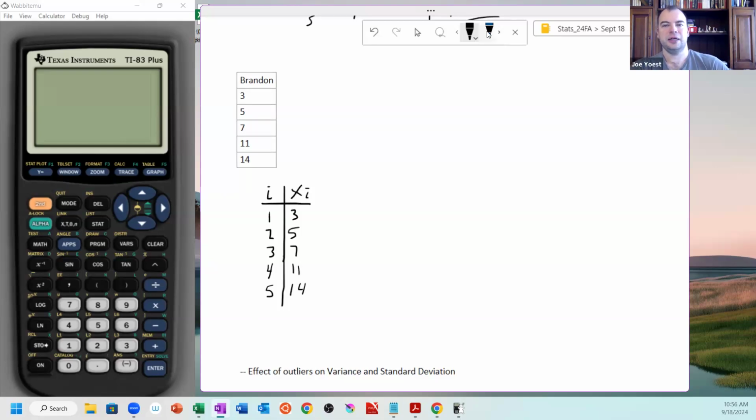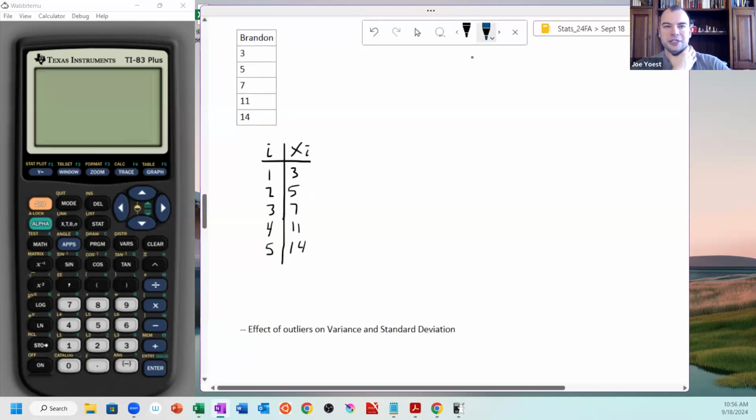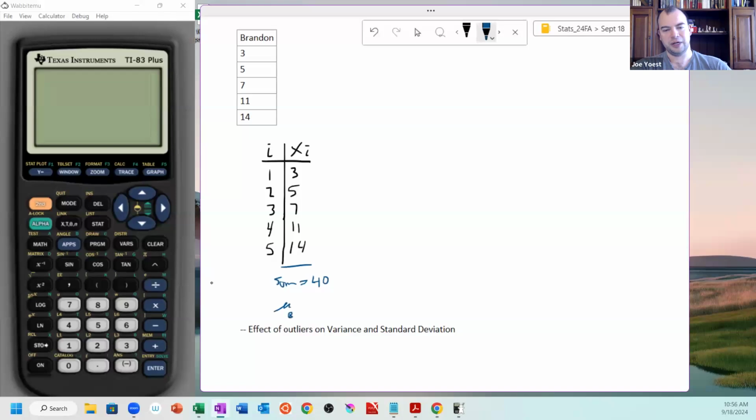Now, one thing I can see is that by organizing my data this way, I can get a lot of my measures of center very quickly. For instance, I see that my sum is going to be 40, and therefore mu for Brandon is going to be 40 over 5, which is 8 returns per day.